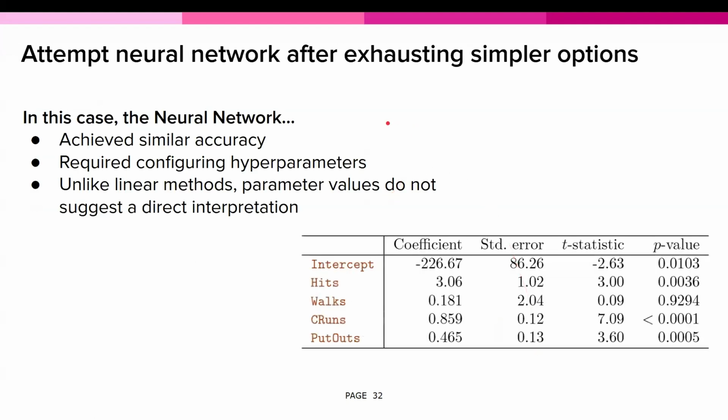And yeah, even to get that result, it required quite a bit of playing around to select what those hyperparameters should be, potentially playing with the architecture, and it didn't allow them to reap any gains in terms of accuracy. On the other hand, the parameter values themselves didn't give any insight into the problem.